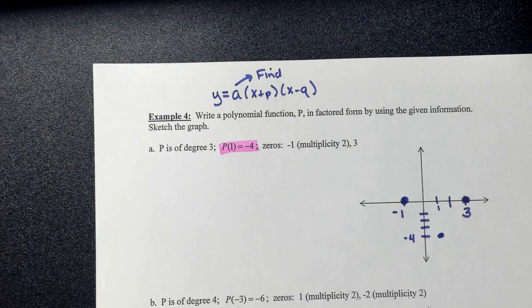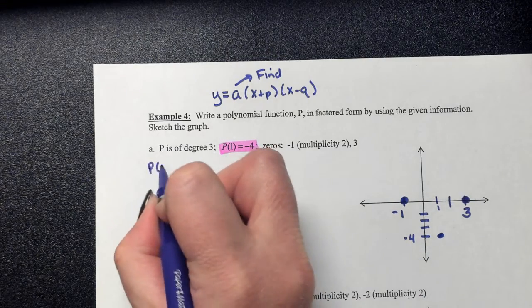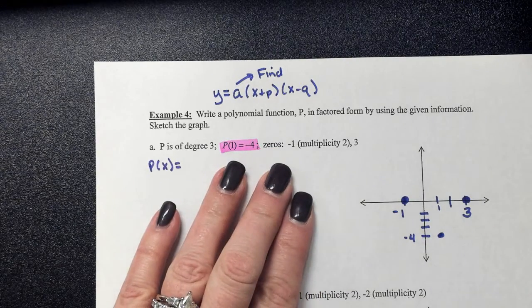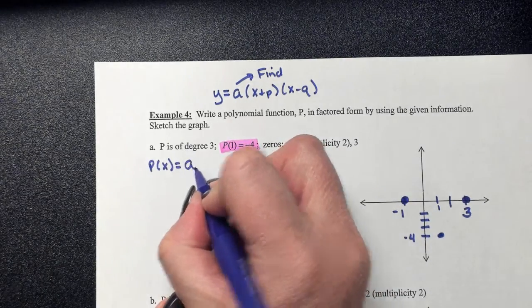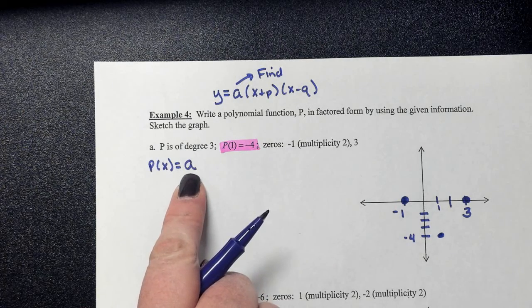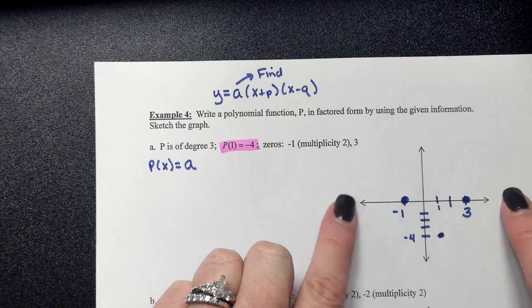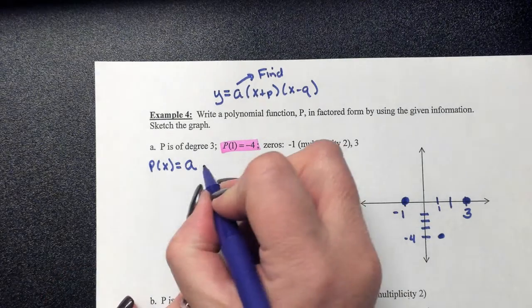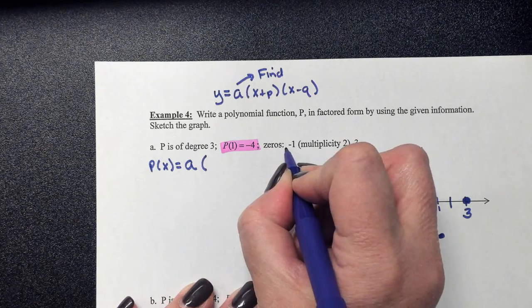So what I'm first going to start to do is write this particular polynomial function in factored form. So again, what I'm going to have to do is eventually find a, because if my leading coefficient is positive versus negative, it affects the end behavior. That's why we're going to need to find what this leading coefficient is. So again, my 0 is -1.